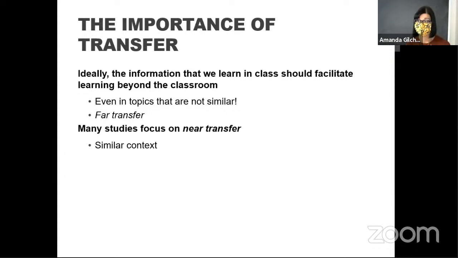Now, on the other hand, if I teach you to do a certain task and you do well on a very similar type of task with a similar context, this is what would be known as near transfer. So when we talk about the effect of transfer on problem solving, we're often going to be talking about near transfer because far transfer is significantly harder to get.